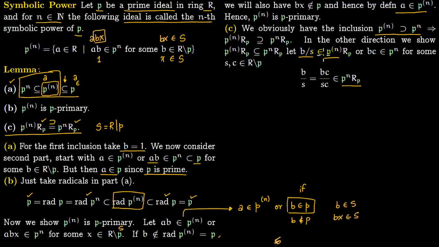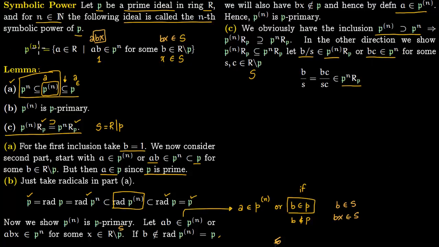So if b over s lies in this ring, because this is a localized ring, s lies within the multiplicatively closed set R minus P. So this is capital S. So s lies in this set. So if this is true, then bc is an element of P^n for some s and c in R minus P. So this just follows from the definition here.